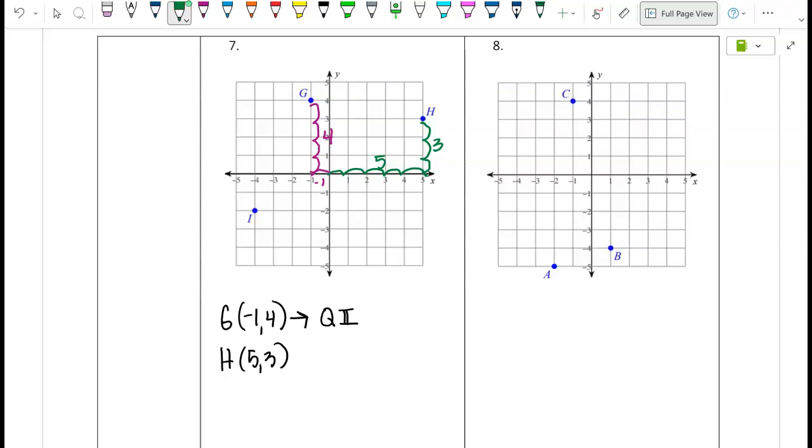And then Jane and Buenabad, what quadrant is that point in? Point G was in quadrant 2. We're talking about point H. Quadrant 1.